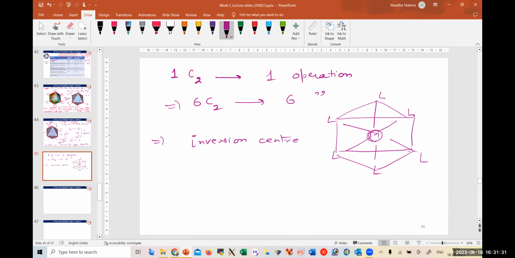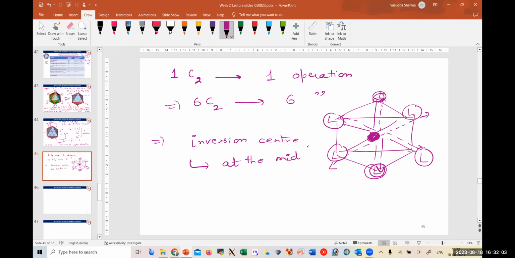So if this is my center point, and if I'm going to the right side and to the left side at equal distance, I'm getting the same thing, which is possible in every direction. So I'm getting here L, here L, here L. So inversion center is lying at the midpoint, and it is existing.